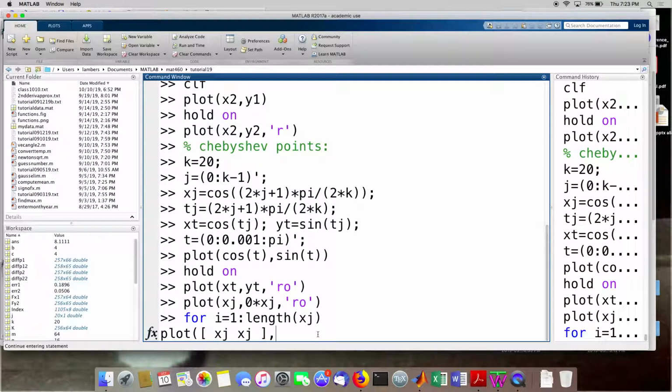So it has x_j, x_j as the endpoints in x, because it's vertical. And then I want to go from y equals 0 up to, wait, I need to refer to that element of a vector. So x_j is a vector, I want one element of that vector. And I go from 0 up to the y coordinate, well, that is the element of y_t. And I'll use magenta.